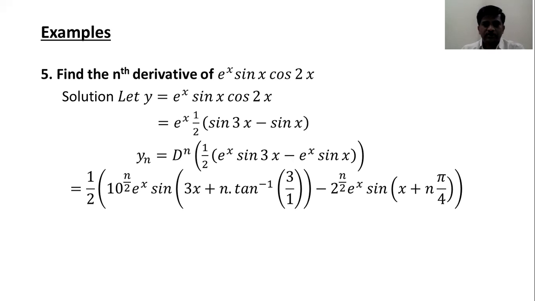The first term nth derivative: 1 by 2 into a value 1, b value 3, 1 plus 9, 10, 10 power n by 2 into e power x into sin of 3x plus n into tan inverse of b by a, 3 by 1, minus the second term nth derivative: a value 1, b value 1, so 1 square plus 1 square, 1 plus 1, 2 power n by 2 into e power x into sin of x plus n into tan inverse of b by a, 1 by 1, tan inverse 1, pi by 4.